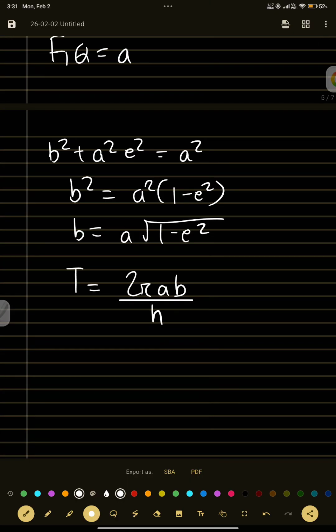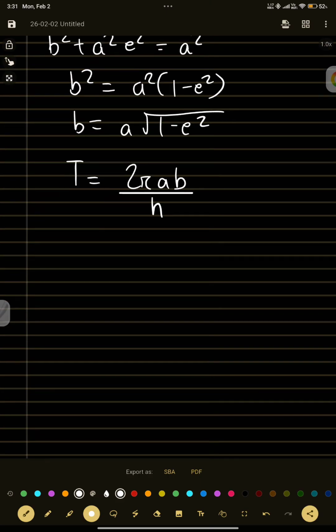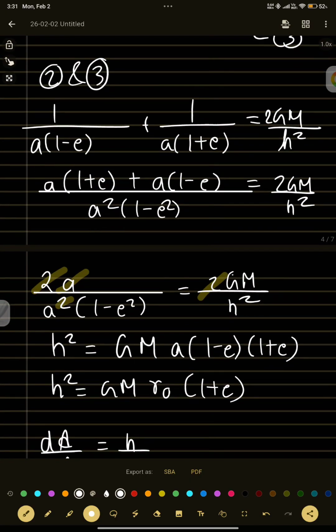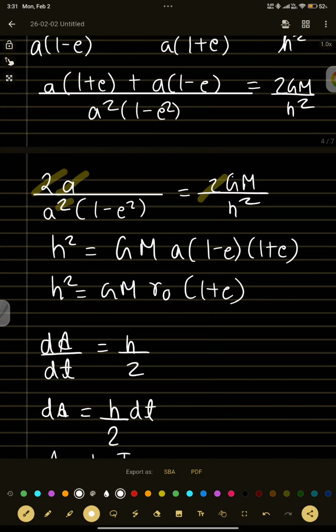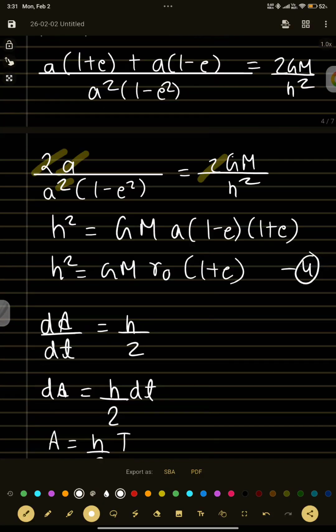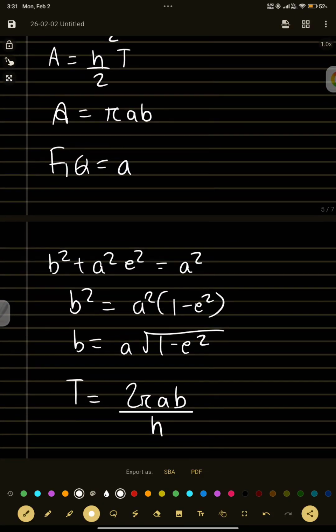V is already consumed, so I am calling any free variable. Let us call it 4 and 5. Use 4 and 5 in equation 6.